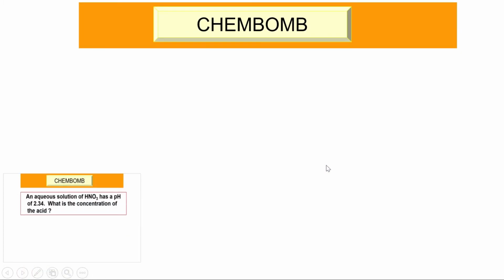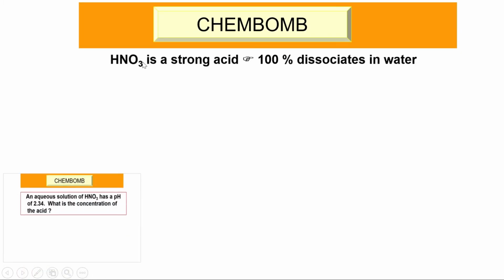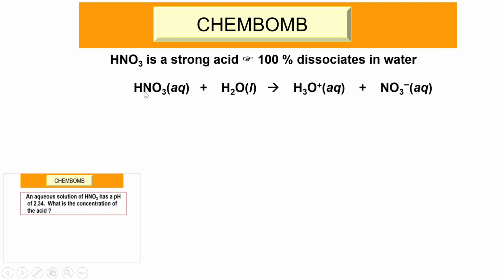So now let's do this together. HNO3 is a strong acid, therefore it dissociates completely in water. First, before doing any calculation, please write down the correct dissociation equation. HNO3 is an acid, so it is going to lose its proton, forming its conjugate base and also H3O+ ions. Based on the question, we are given the pH value.